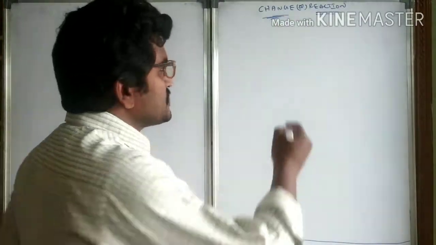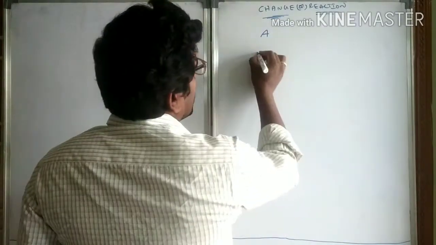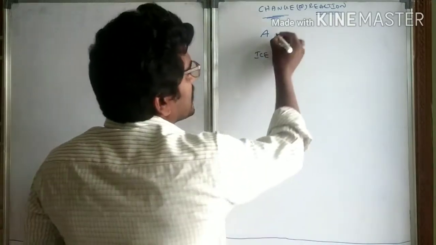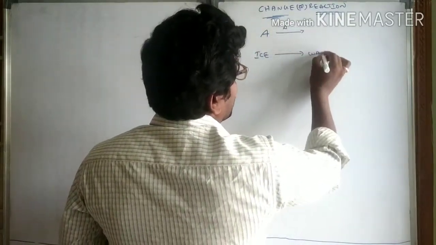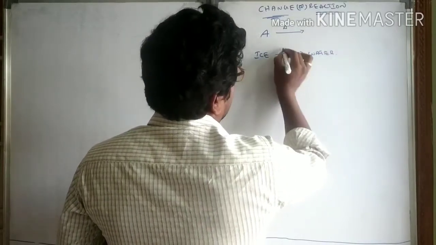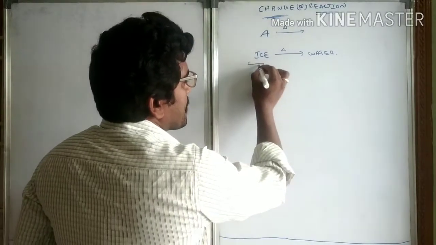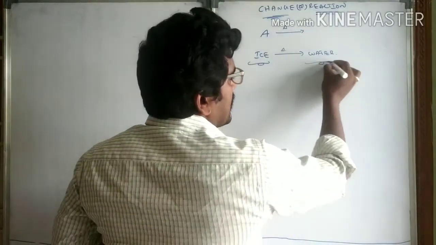Let us see change. There is a system A. Let us take ice. Whenever you supply heat, ice will be converted into water. So here you see, ice is the initial one and water is the final one.